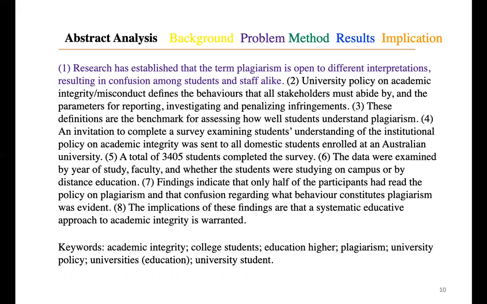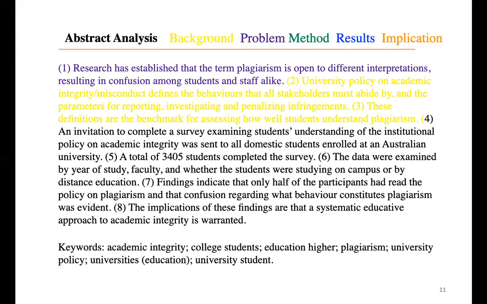Okay, yes, so it's about the background. Then let's look at the third sentence. These definitions are the benchmark for assessing how well students understand plagiarism. Still related to sentence 2, the definitions of plagiarism, right? Yes, so these are the background information.